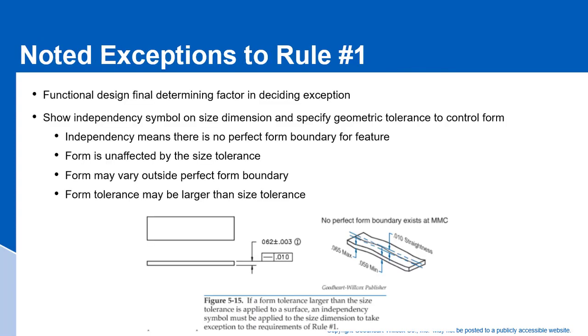Let's go again. Noted exceptions to Rule 1. Functional design is the determining factor in deciding if you're going to use the exception. To do this, you're going to show an independency symbol just like this on the size dimension.